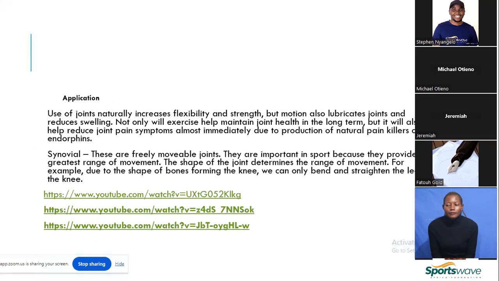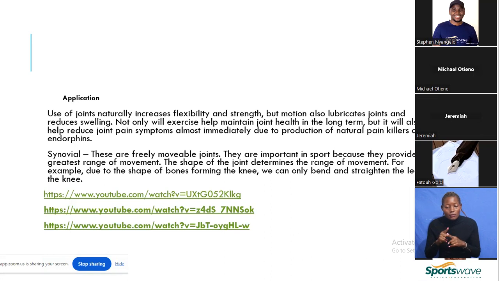I think when we come to the impact in sports, there's so much, because sports is about movement. So joints naturally give you the ability of flexibility, strength, and then in movement, there's the lubrication of the joints to reduce swelling, and exercise will also help you to maintain that health.